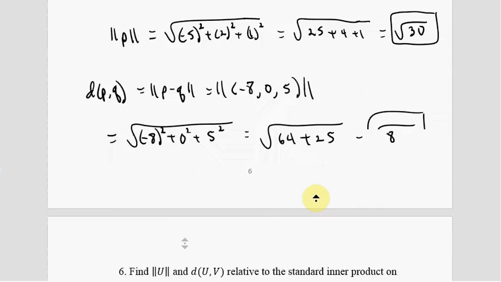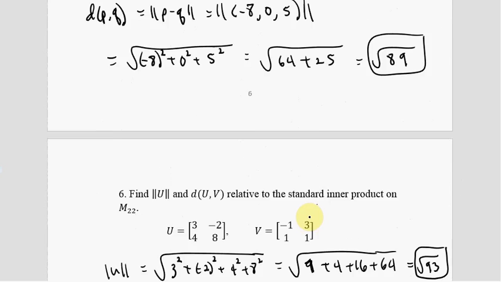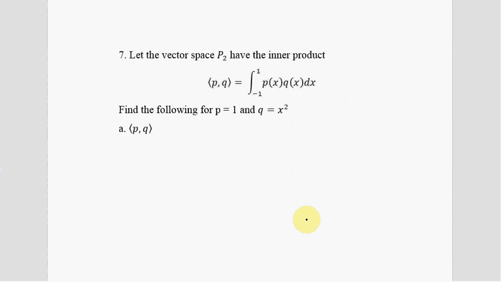So with this particular problem, here we compute the inner product of P and Q. So here, P is 1 and Q is x squared. So the inner product based on this definition, you're integrating from -1 to 1 of P times Q, x squared dx.